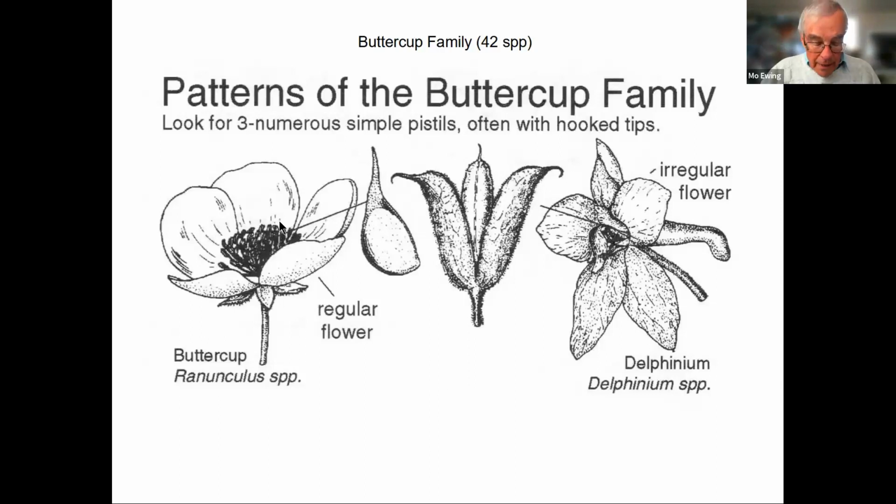Ranunculaceae looks quite a lot like the rose family, but in the rose family, the leaves are oval or serrated.